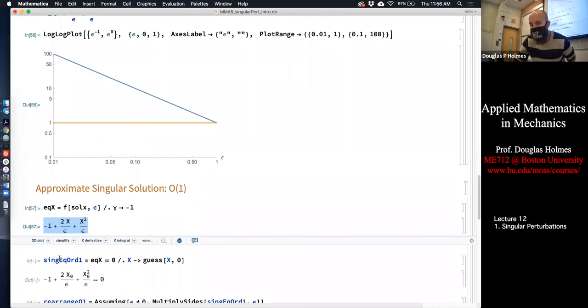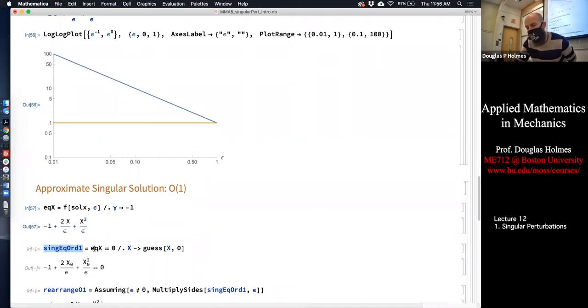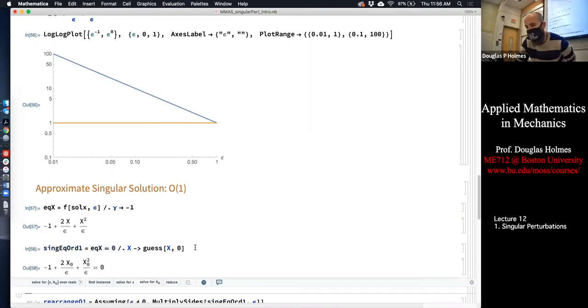And I refer to this as my singular equation order 1, which is to give me this equation, which is this thing, equal to 0, and replace capital X with our guess. The guess to order 1, which means the exponent on epsilon is 0, is basically the same exact equation, except now we replace our x's with x naughts.